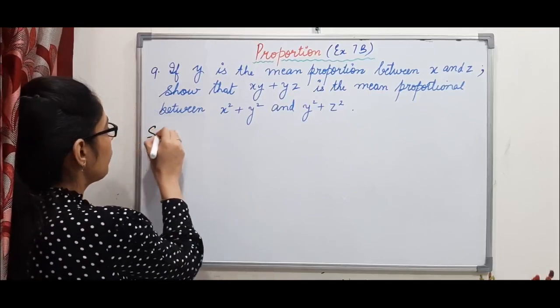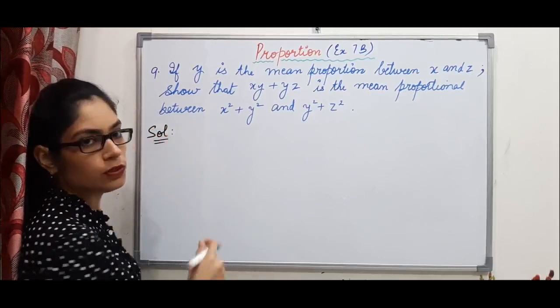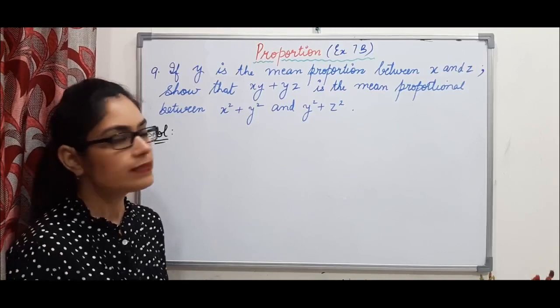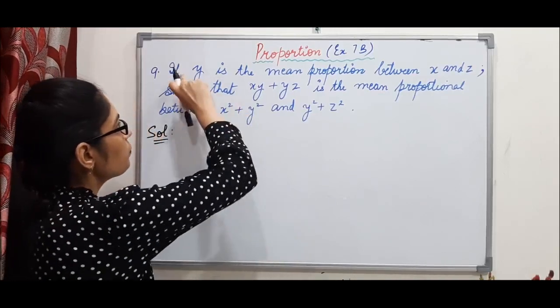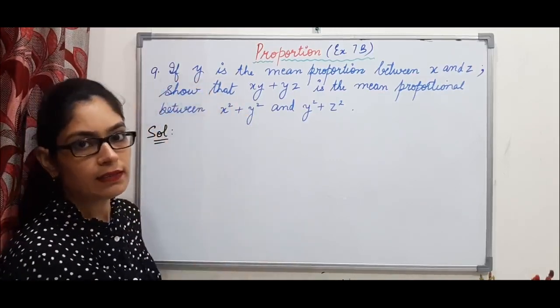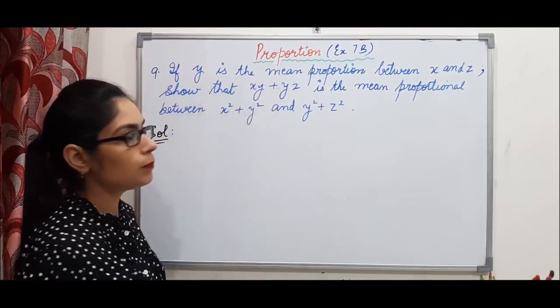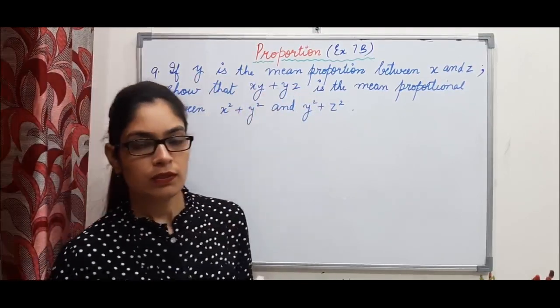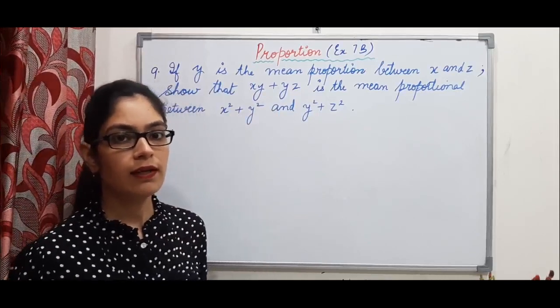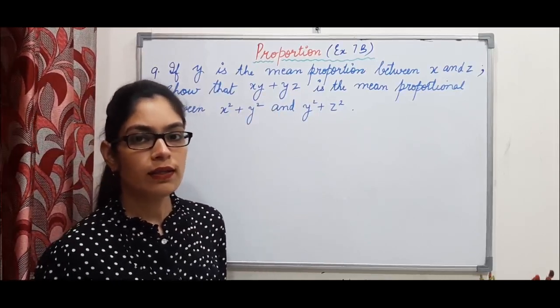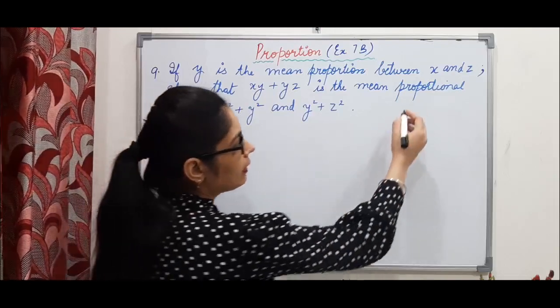In this type of question, the first thing we have to see is what is given to us. It's written, if y is, so that means this is given to us. If y is the mean proportion, see, mean proportion is a word which we learnt while doing continued proportion. So what is continued proportion?